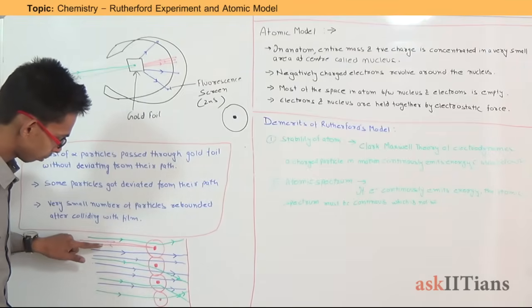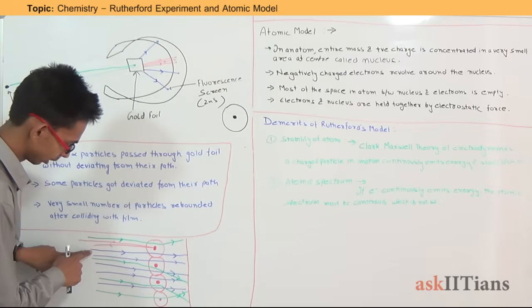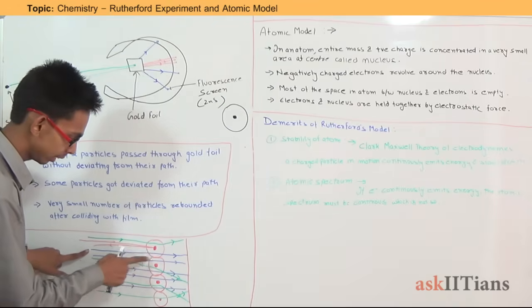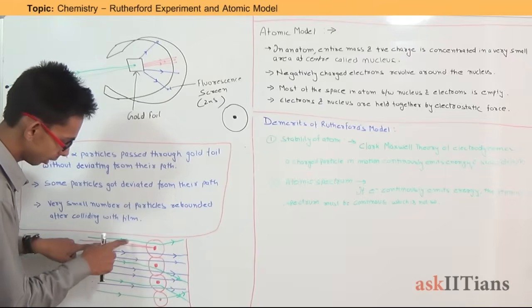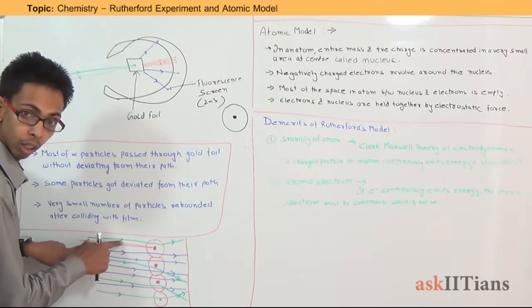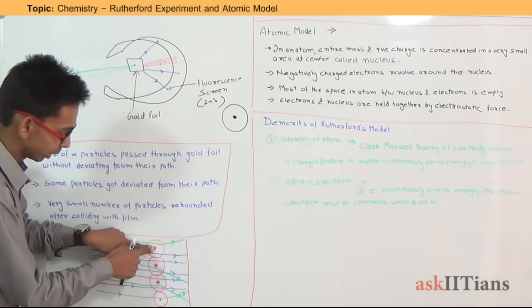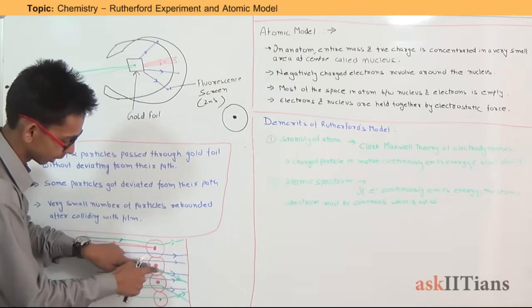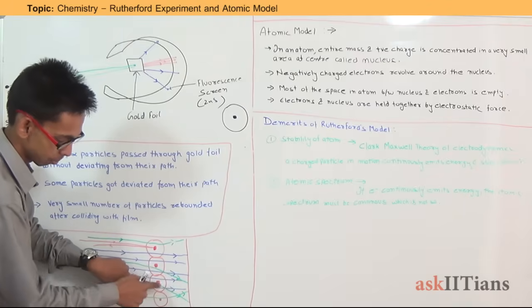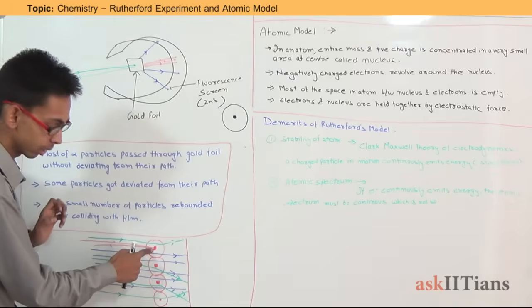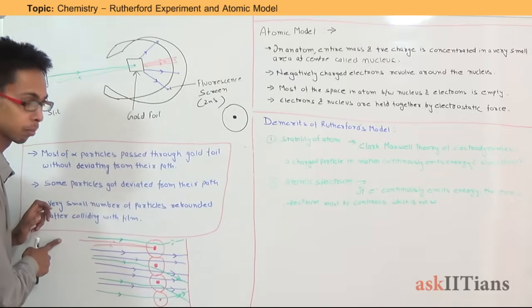So most of the particles, the blue lines, went straight through this empty area, while some of the particles which were near the nucleus deviated from their path due to repulsion from the nucleus, while the particle which collided with the nucleus head-on came back in the same direction.